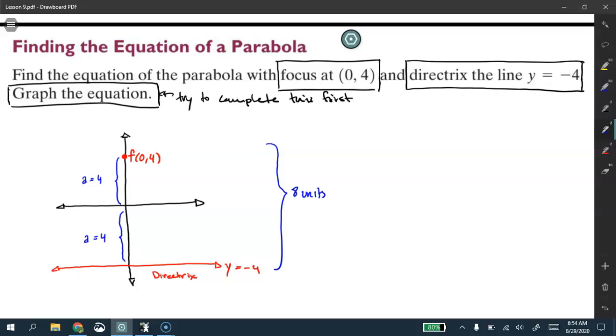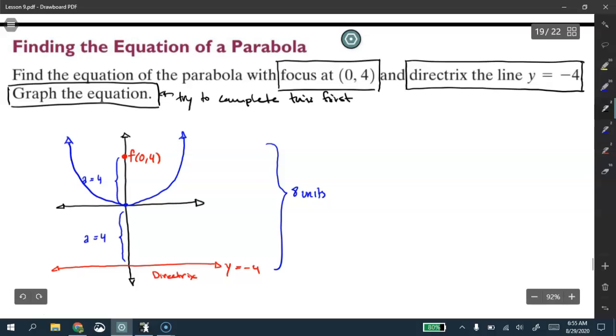Finally, the last thing we want to make a note of before we write down the equation is that this parabola must be facing upward, right? Because it always faces towards the focus. It opens up into the focus, and the directrix is behind it.